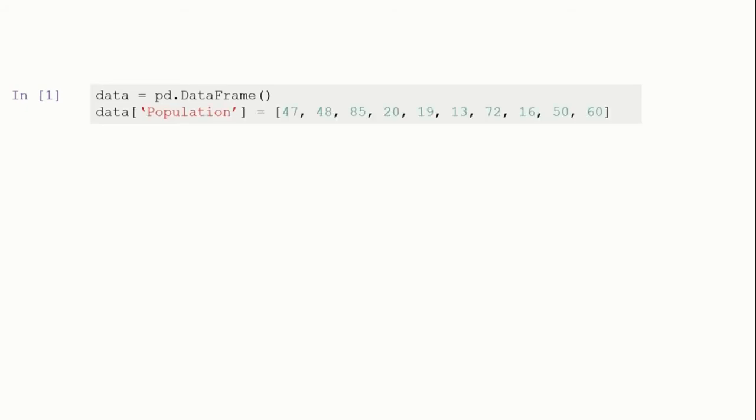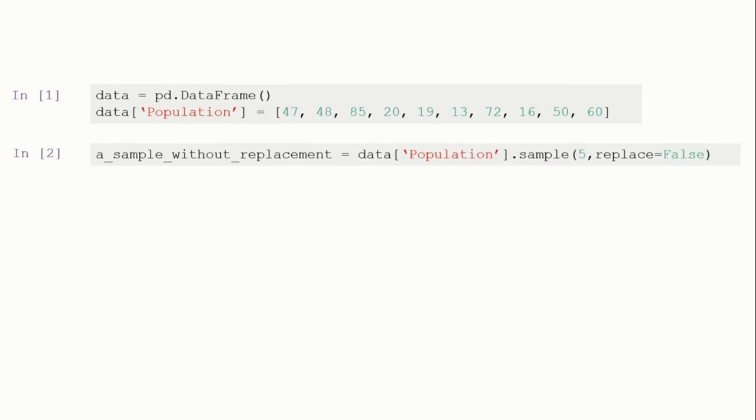In this example, we first create a blank data frame, and we create a new column in this data frame. Name the column as population. Then I run this Python code to perform sampling from the population by drawing 5 individuals randomly, without replacement, and store them as a sample without replacement.